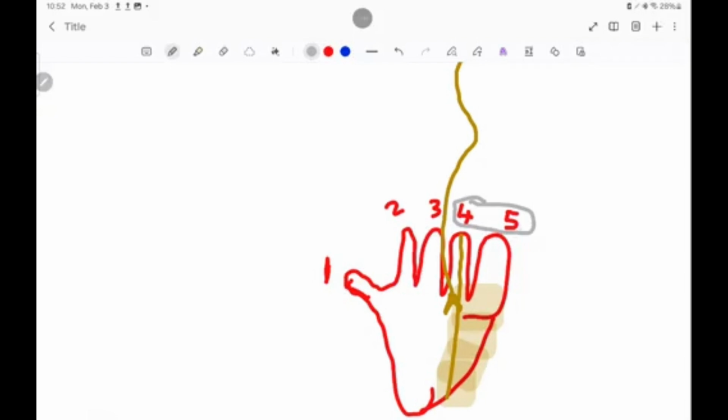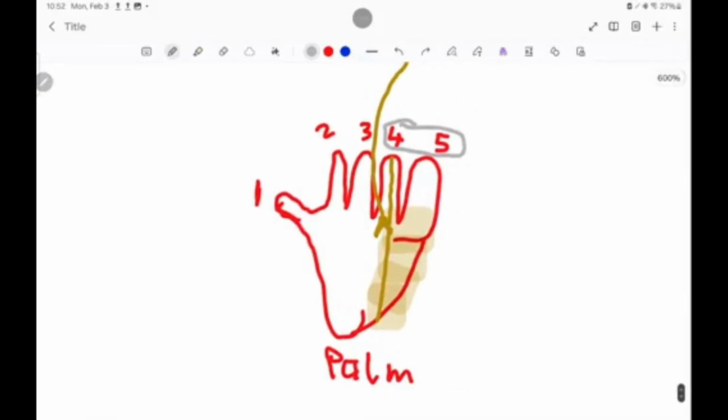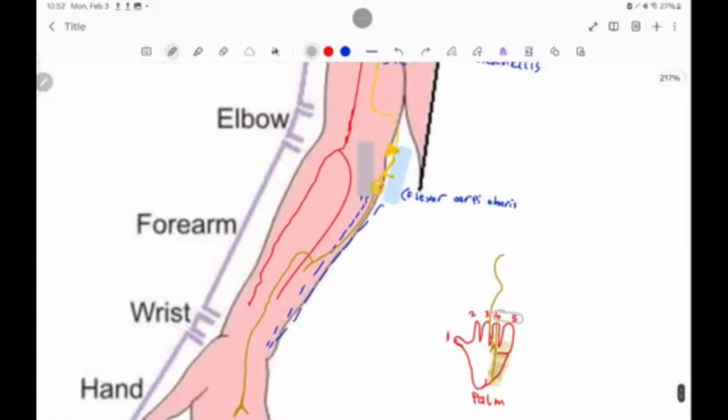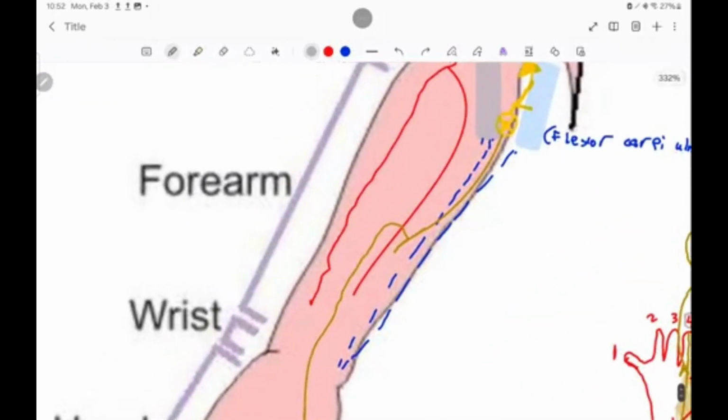The cutaneous sensation for this finger and half of this finger, that is finger 5 and half of finger 4, is from a different branch, but the part of the palm below them is supplied from the palmar cutaneous branch, which is this branch.